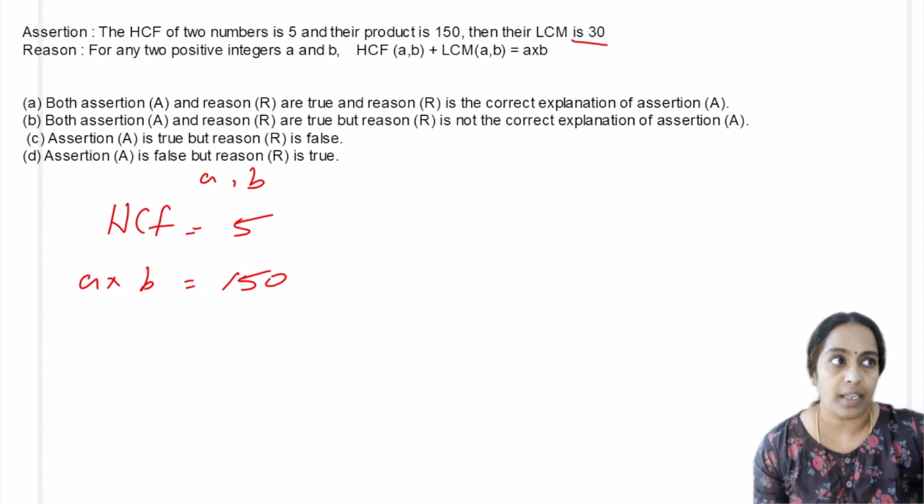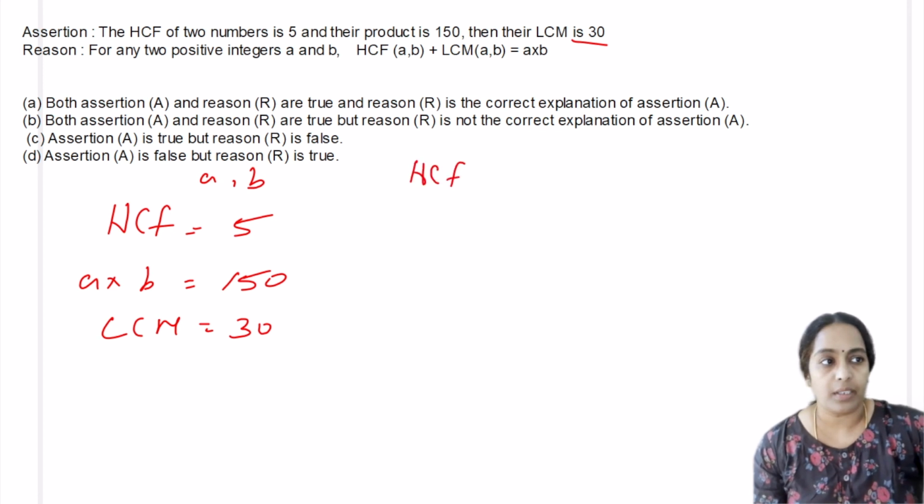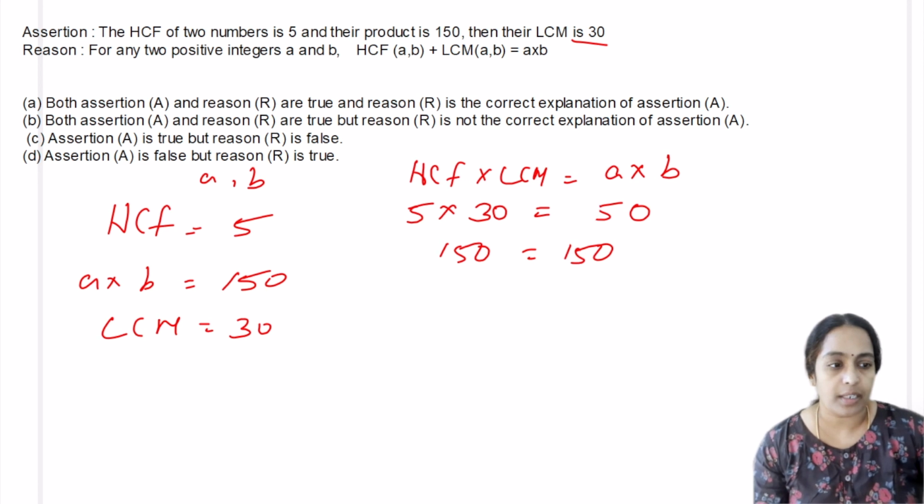The question is telling LCM is 30. So let's check for this. We have a formula, HCF into LCM equals the product of the two numbers A into B. HCF is 5, LCM is 30. The two numbers' product is 150. So 150 equals 150. So assertion statement is true.